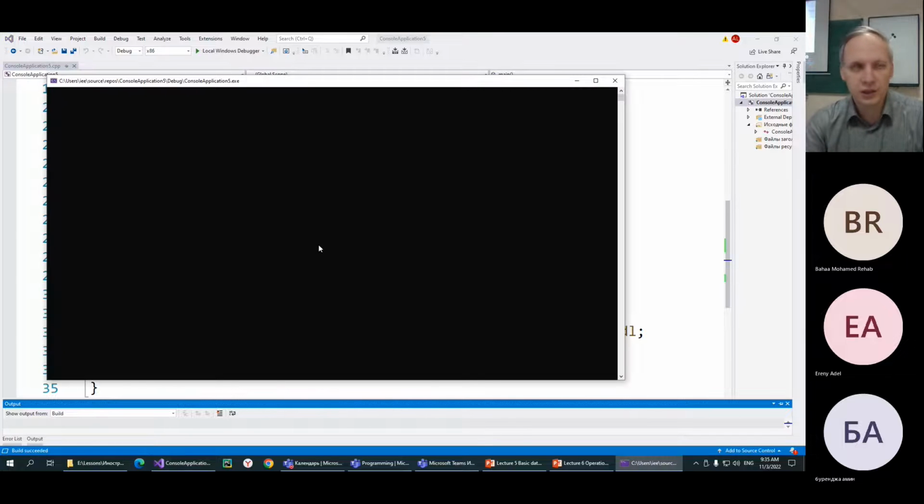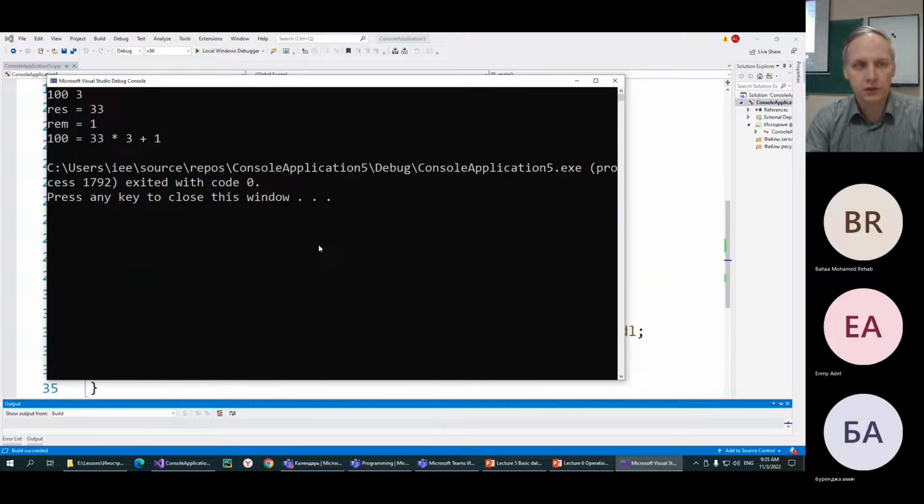And if I enter any other number, for example 103, the result is 33, and the remainder is 1. You can get these results if you use division and both operands, both parameters, are integers.